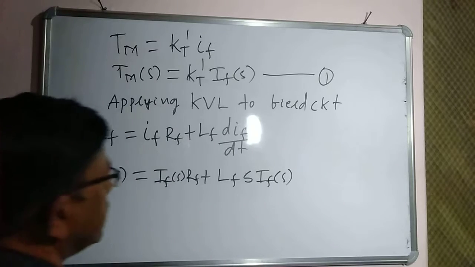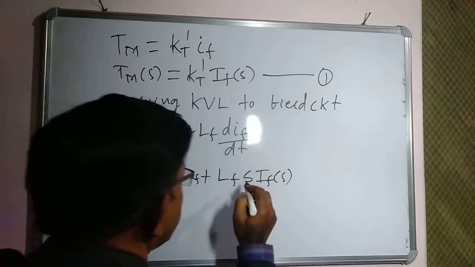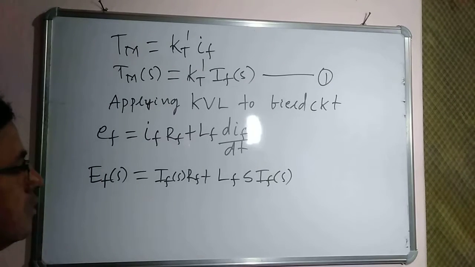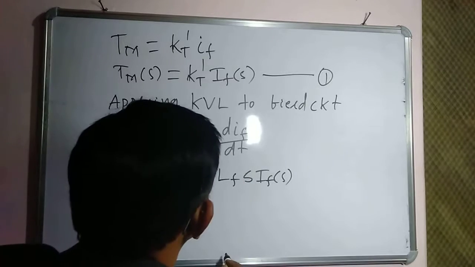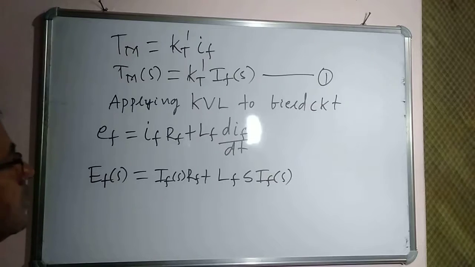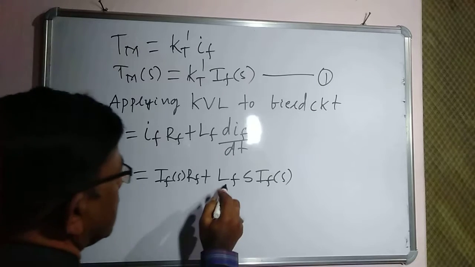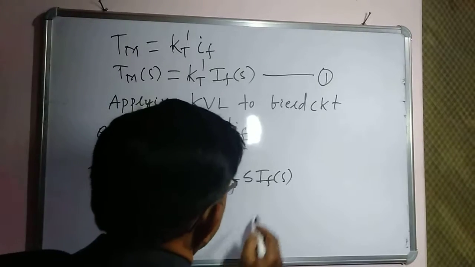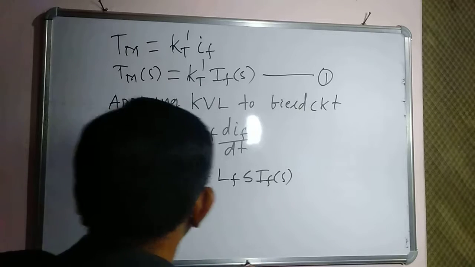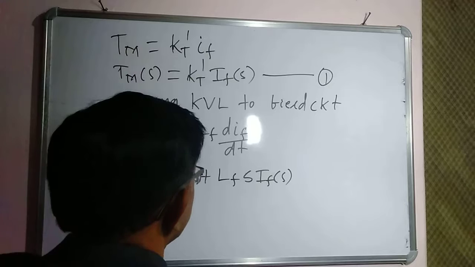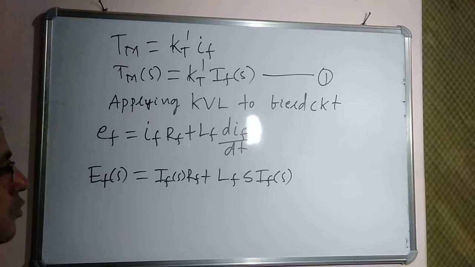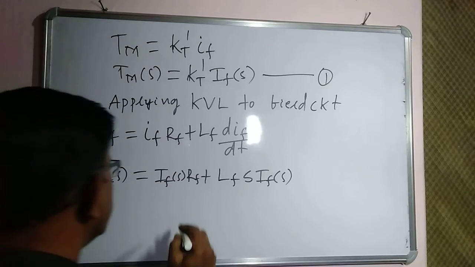Here I have taken the zero initial condition, so therefore the Laplace transform of Lf dIf by dt is equal to Lf s If of s by taking the zero initial condition, that is If of 0 is equal to 0.